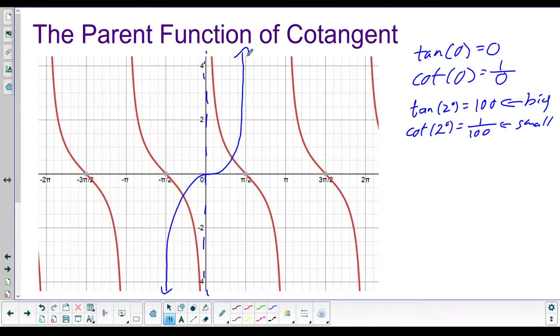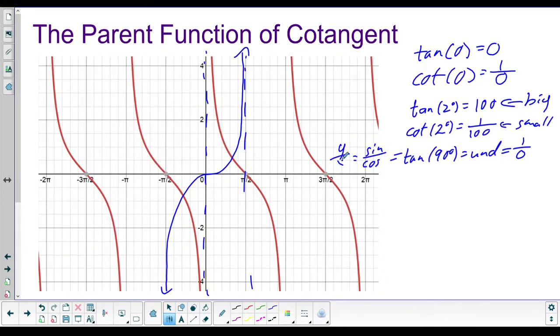Likewise, where we have a vertical asymptote for tangent, tangent of 90 degrees is undefined because it is 1 divided by 0 if we go off the sine over cosine, or y over x. So if we do the reciprocal of undefined, we have to remember where the undefined comes from.